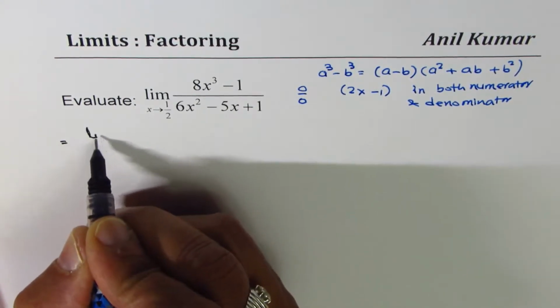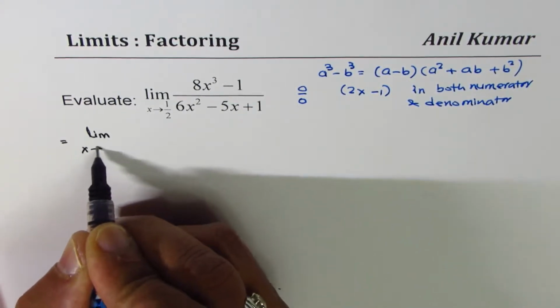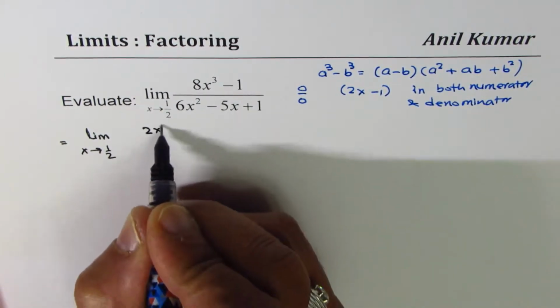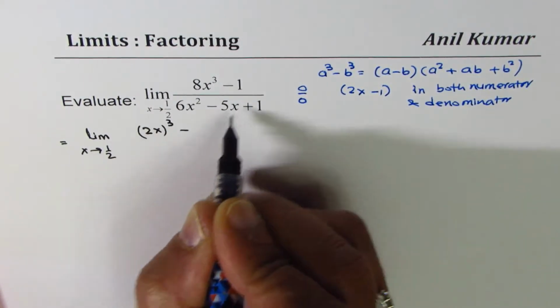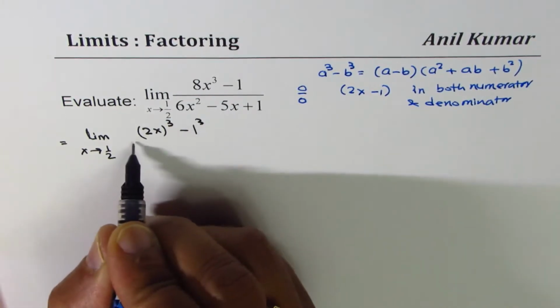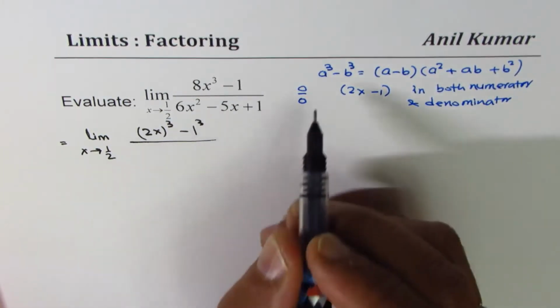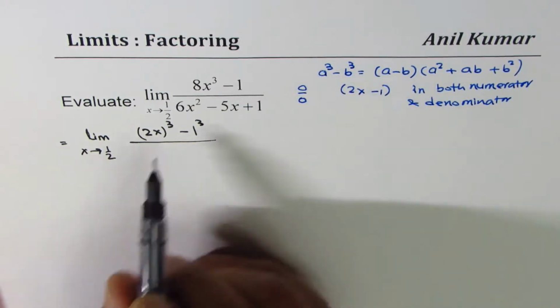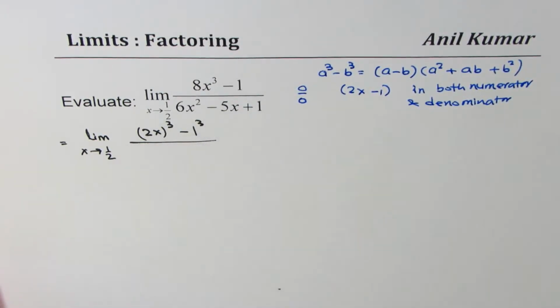We have to find the limit when x approaches half. 8x cubed could be written as 2x whole cube minus 1 cube. I am purposely writing this so that you could correlate with a cube minus b cube. Now the denominator.